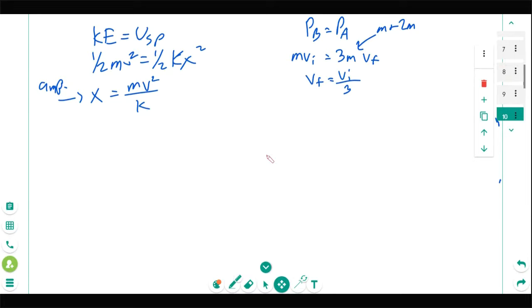So now we can say that x before, or our amplitude beforehand, would be mvi squared over k. X after will be 3m vi over 3 squared over k, which is 9.